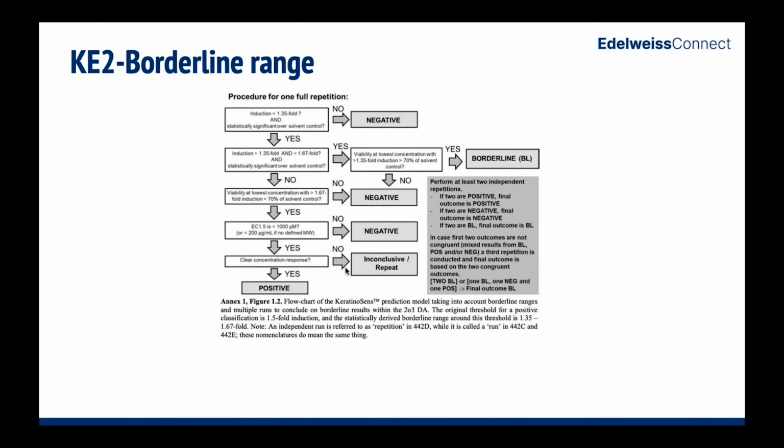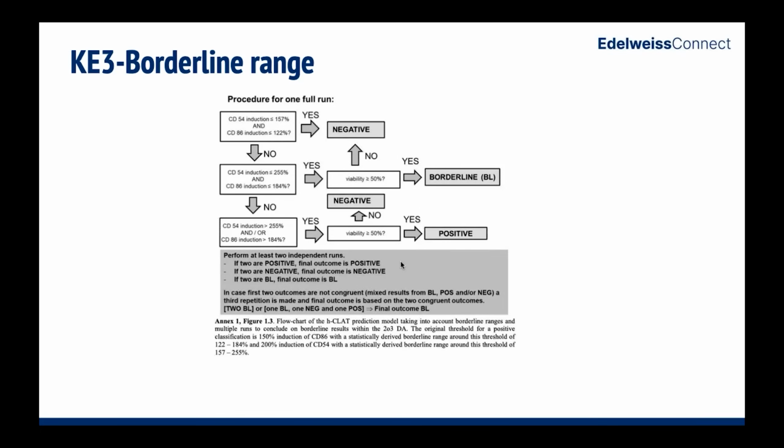Similar is the flowchart for the second key event, that is the KeratinoSens assay. Here also there is clear description: when the induction of keratinocytes is more than 1.35 fold, and it is statistically significant, then you need to consider the borderline range, and there is clear demarcation when it is borderline and when it is negative and when it is inconclusive and when the assay needs to be repeated.